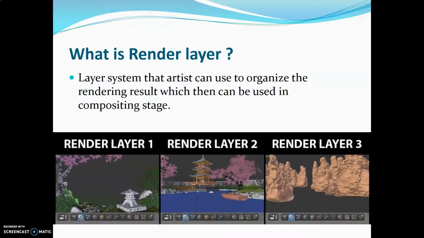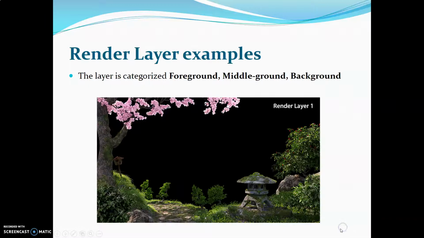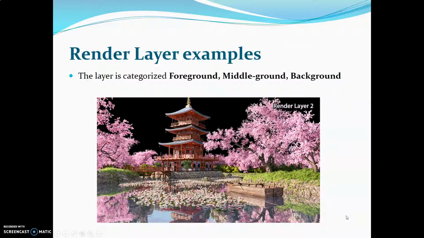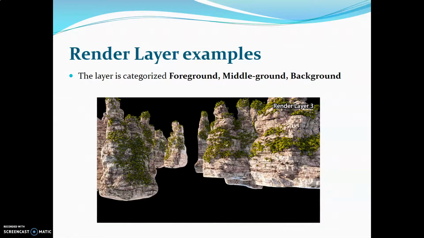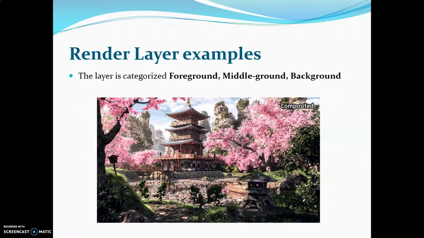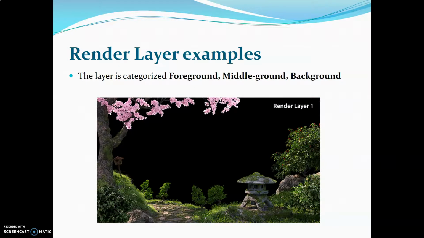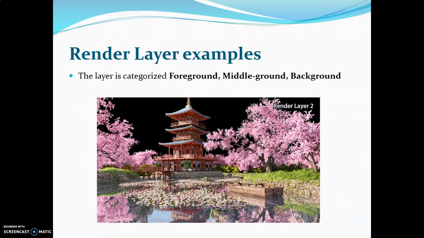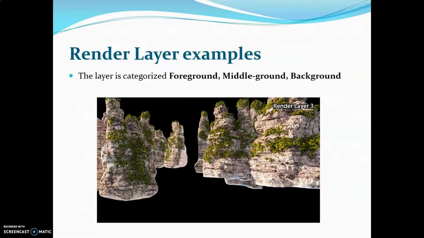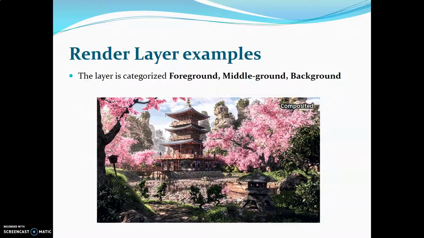The idea is a separation of layers. In this picture, this is just an example. This is render layer 3, and this is all the final result being put together, and this is layer 1, layer 2, layer 3, and this is the composite or the final one.